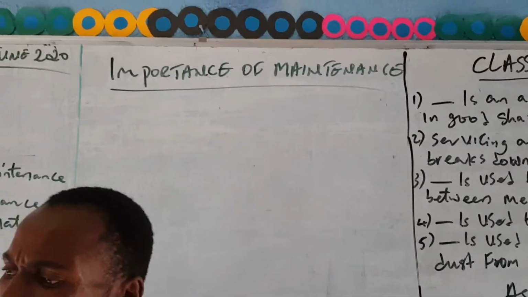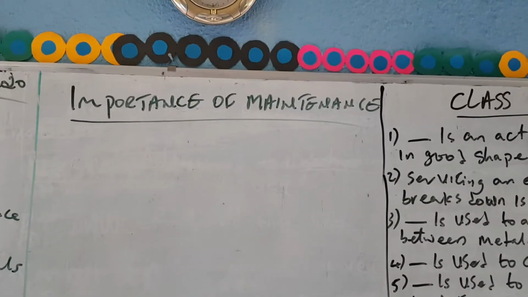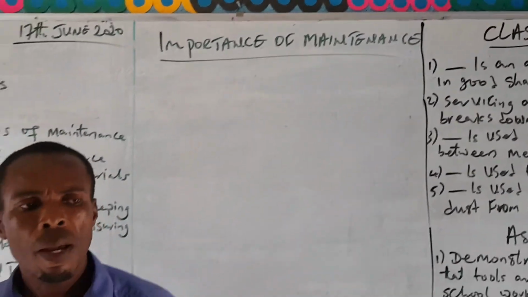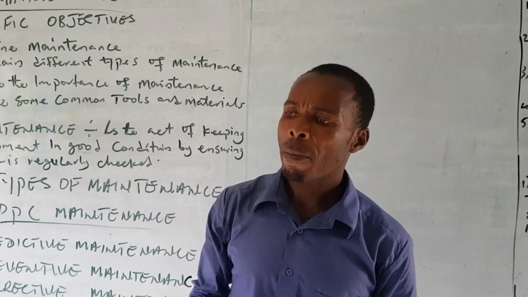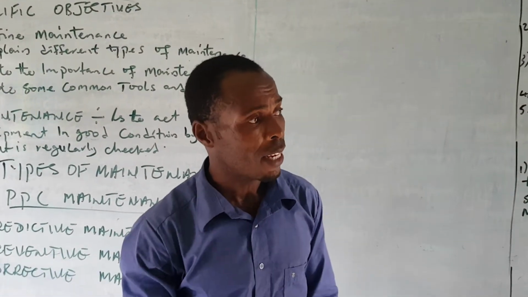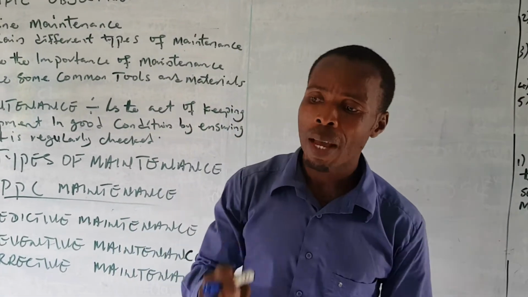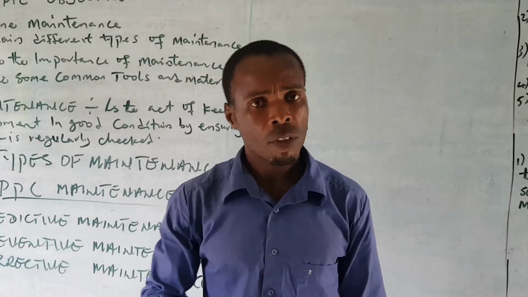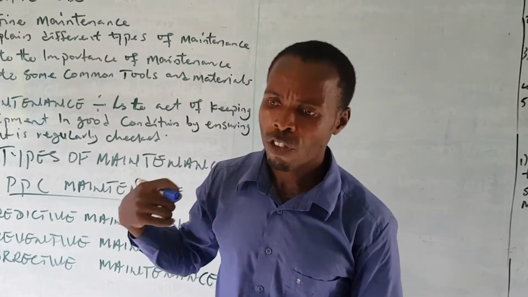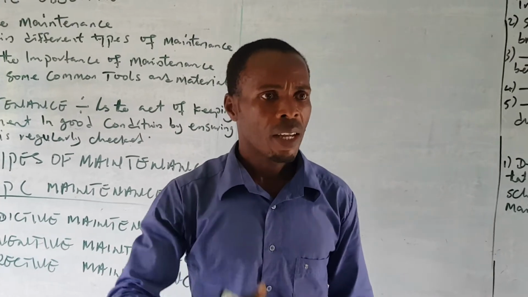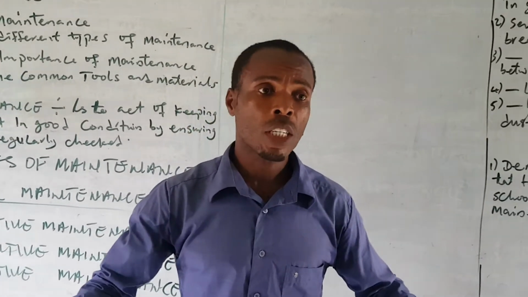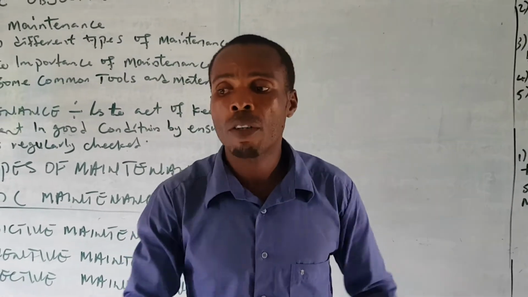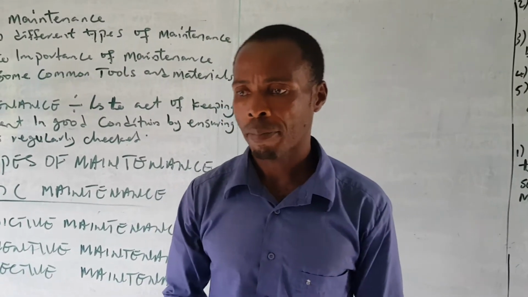Here we have number 1, keep equipment in good working condition. If you want to maintain your equipment, you must keep them in good working condition by taking those measures: servicing, repair, removing the worn out parts. When you're doing that, you're trying to maintain the equipment and keep them in a good working condition.